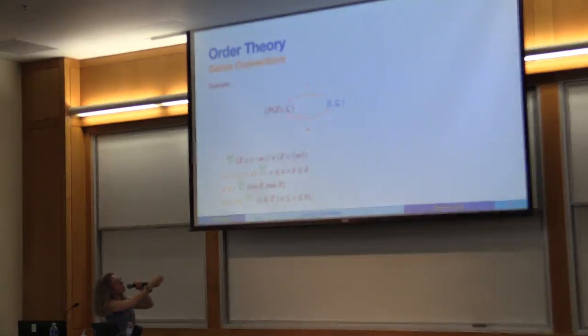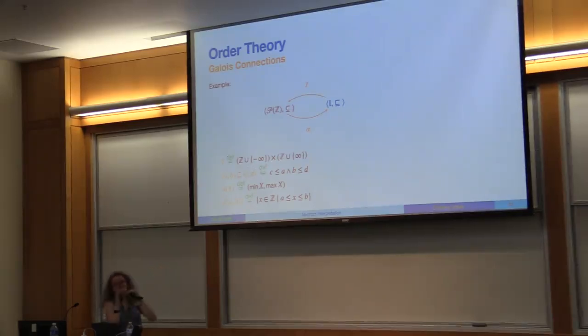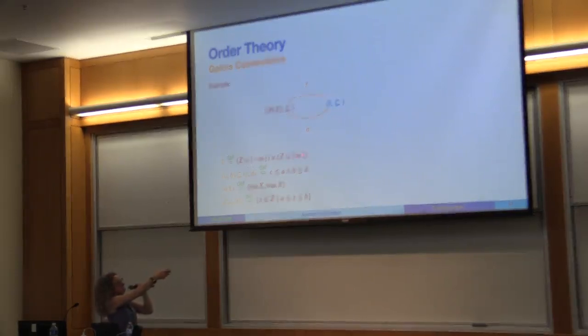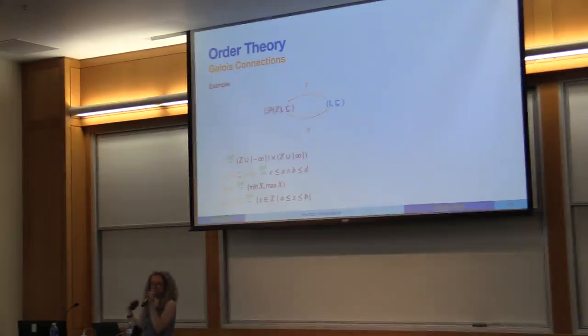We have two sets of integers here, ordered by subset inclusion. Here, we have the set of pairs of numbers, plus or minus infinity. So you can consider them as intervals or ranges.